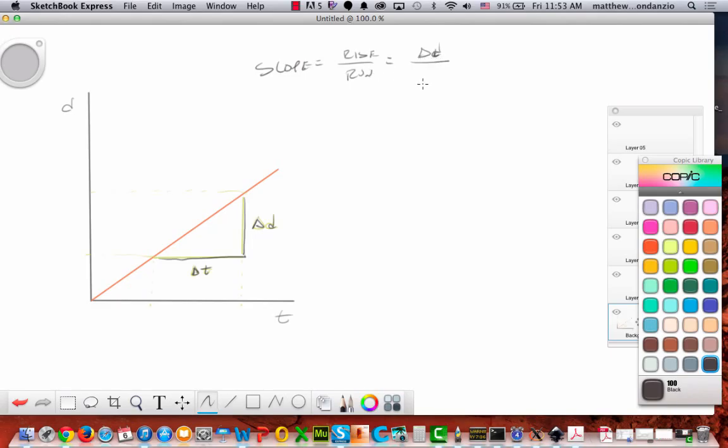What is my run? Delta time. And what did we define this ratio as, yesterday, or on Wednesday? Delta distance over delta time is what thing? Velocity.